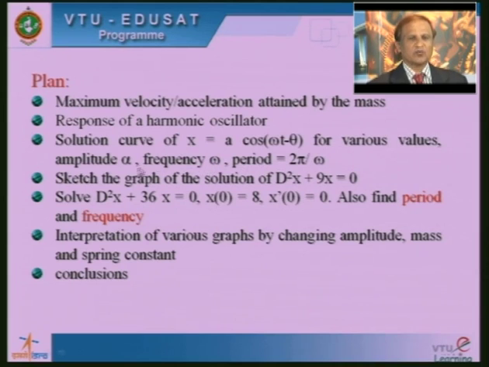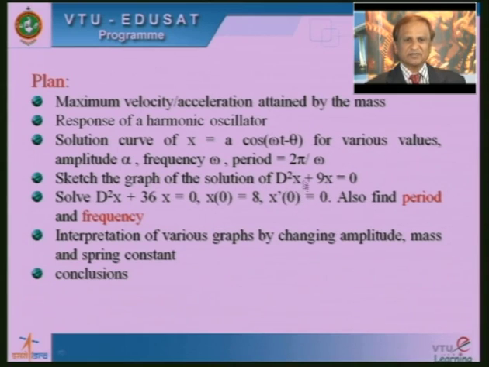By changing the amplitude, you can observe the graph, or by changing the frequency, we can observe the entire graph. And how do we calculate the period? This is the formula for the period. By using this formula we can calculate the period, and sketch the graph of the solution of the equation D square x plus 9x is equal to 0.